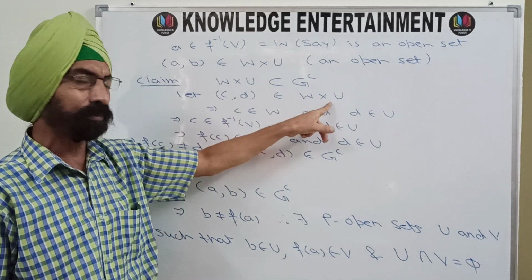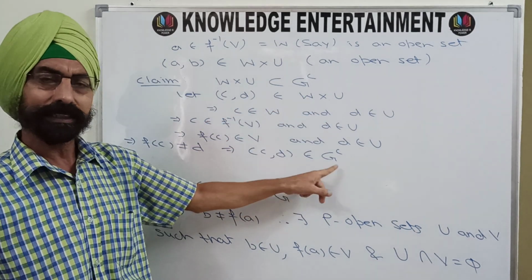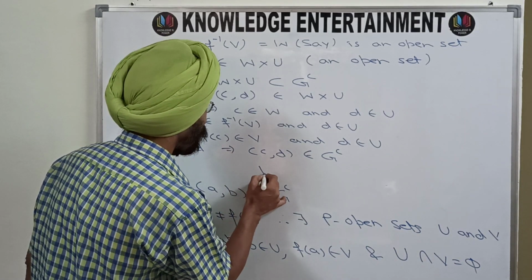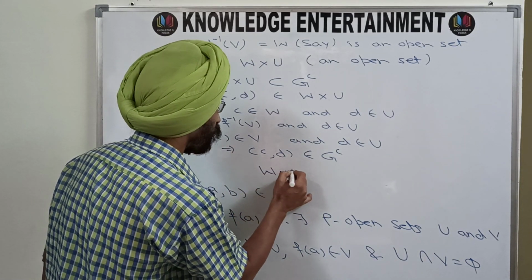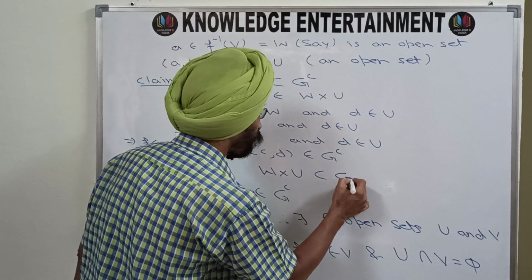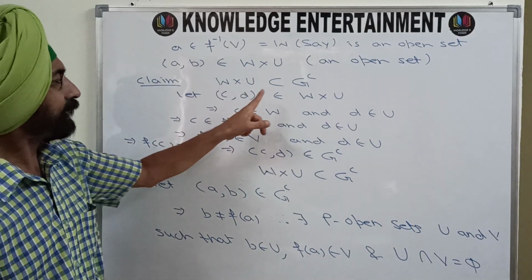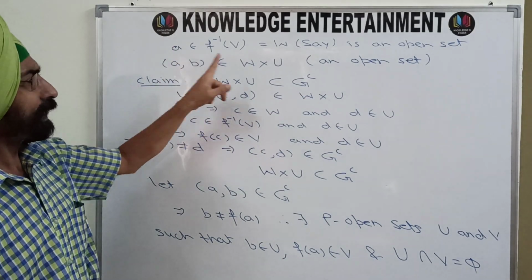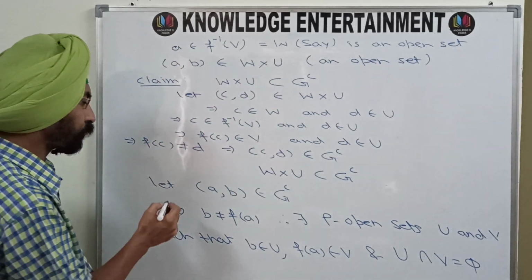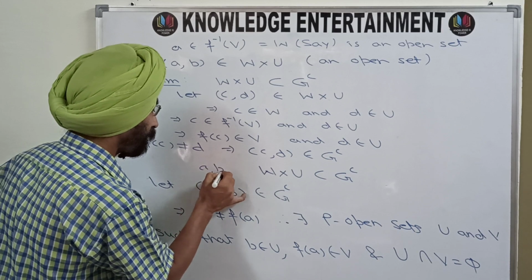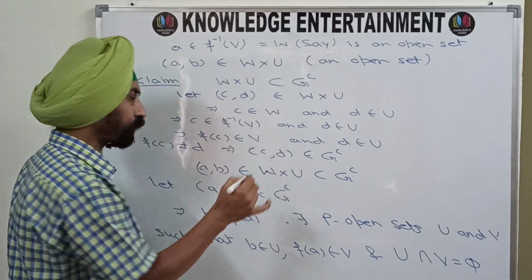We have taken it from W cross U and now it is in G complement. So you can say that W cross U is a subset of G complement. And your (A, B) belonged to W cross U.